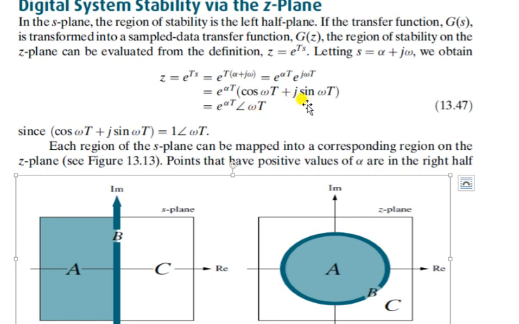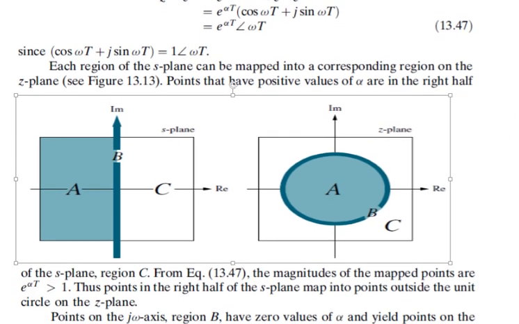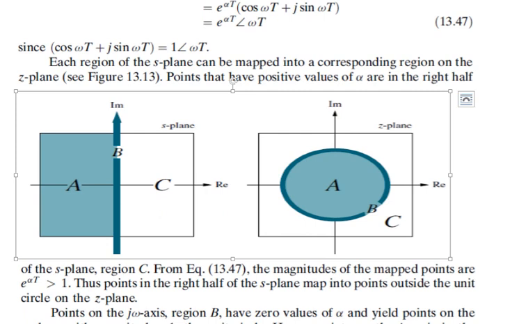So you are getting omega t as an angle. So from this term we are getting 1 into angle omega t, where this 1 is the magnitude and this omega t is the representation of angle. So by using this magnitude as well as angle relation, we are going to plot one diagram for the z plane.